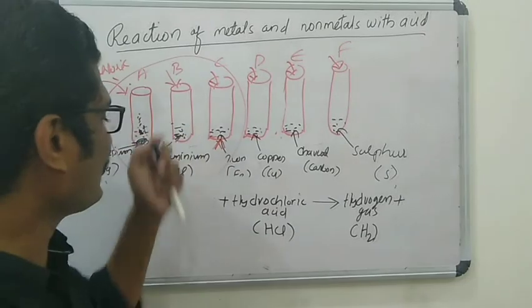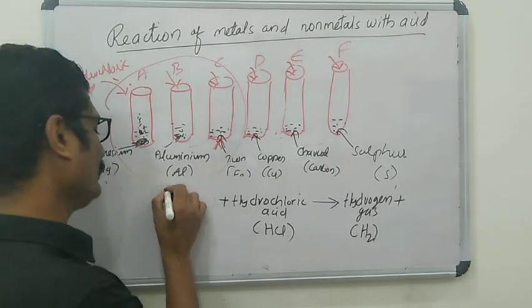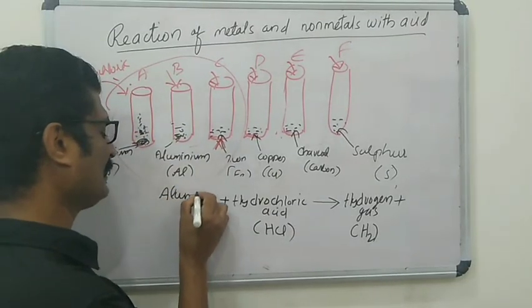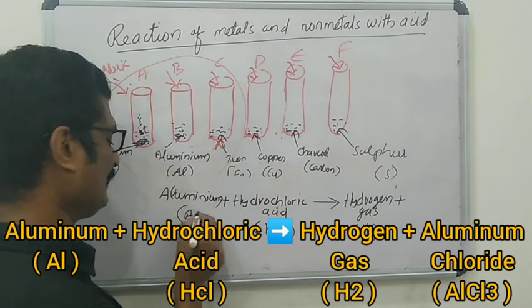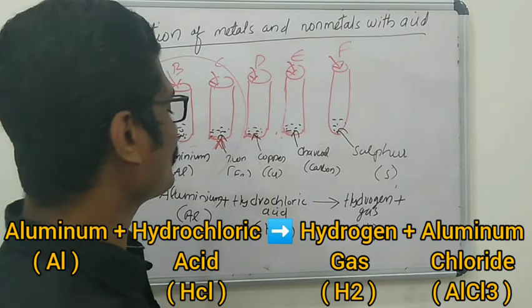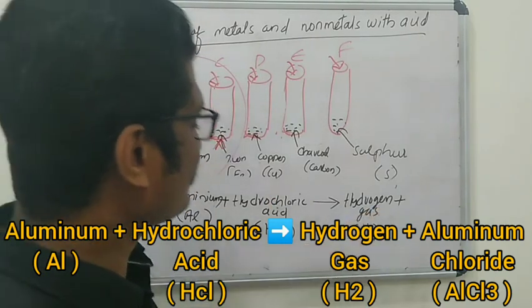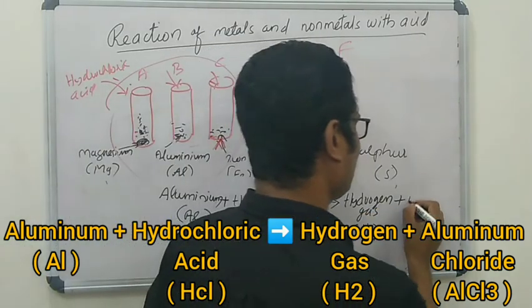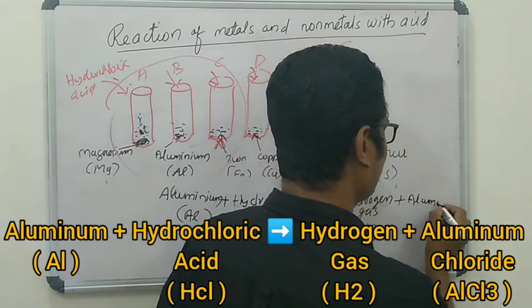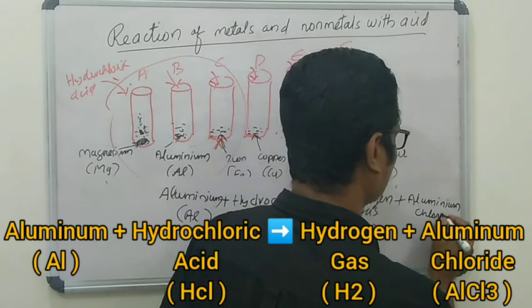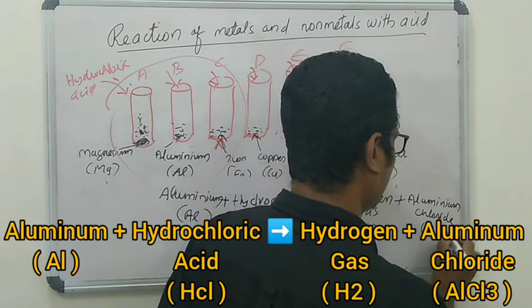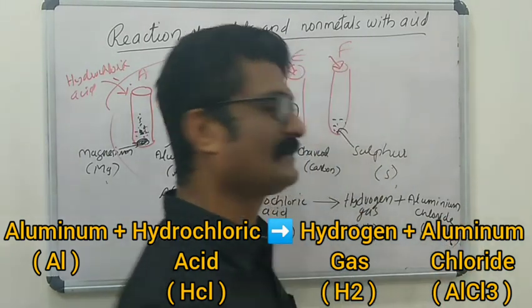In the second case, aluminium metal, its symbol is Al, reacts with hydrochloric acid, forms hydrogen gas and a salt, aluminium chloride. Its formula is AlCl3.